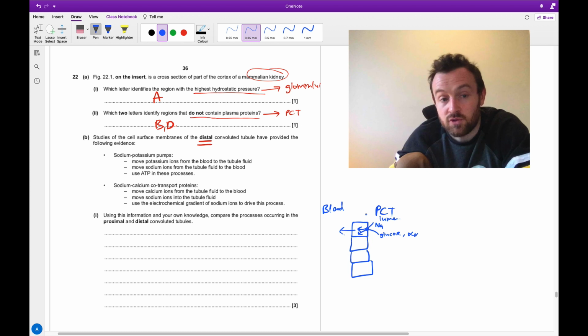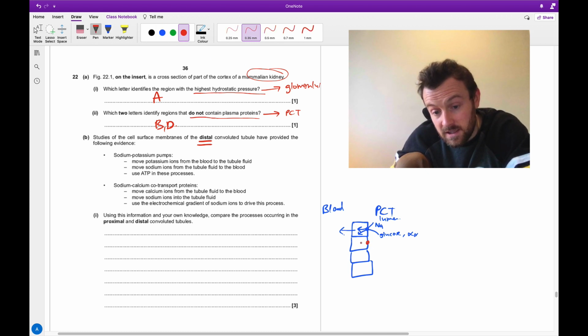But what's driving the process, sorry, I probably should have drawn that first, is that sodium ions are pushed out and potassium ions are pushed in via the action of the sodium potassium pump.